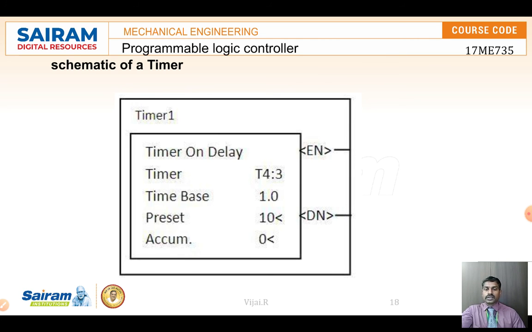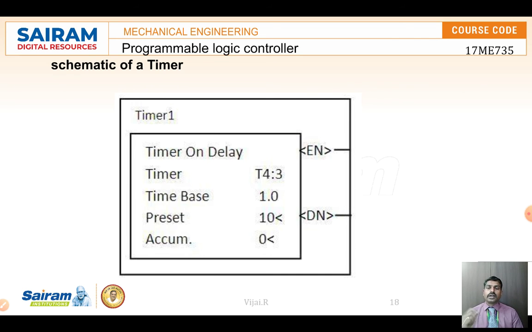A timer is something any program is going to have, continuously working in some sequence. For example, one bulb has to glow after 10 seconds, or we are setting some alarms after 5 seconds. That and all can be useful here.